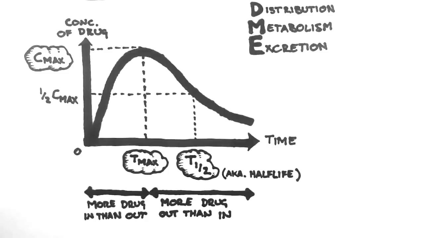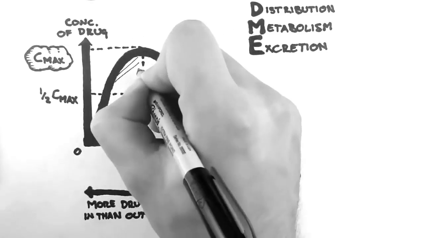On this graph, this is the time between Tmax and where I've drawn T half. There's a lot more to talk about with half-lives. Including rate laws and orders of reactions. But that is beyond the scope of this video, so we'll talk about that in a later tutorial.